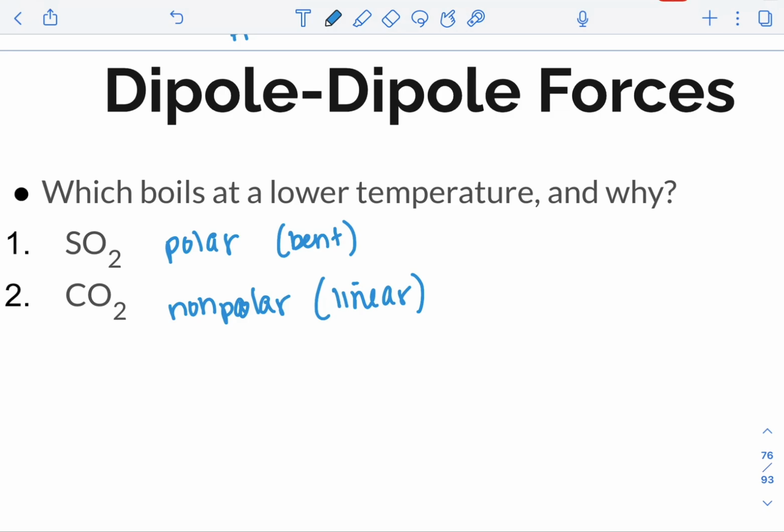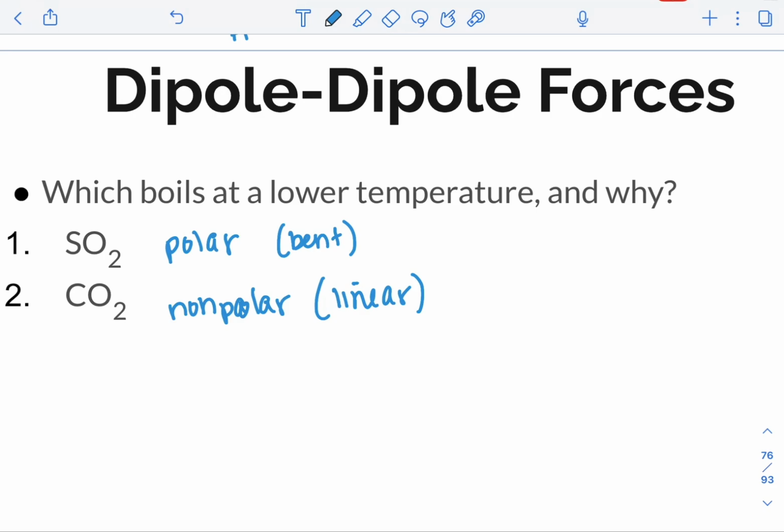So something that has dipole-dipole will beat out something that has only LDF. Now, of course, there are exceptions to that. And if you see those exceptions, it's going to be a situation where they're saying, okay, explain this discrepancy. Explain why this is different than what you would expect. And then you would go back and say, well, if it's a really big molecule, it has stronger LDF, et cetera. So you just have to use your reasoning.